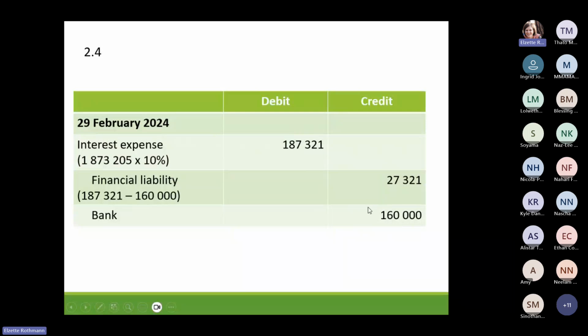So then the difference between the two will then be your financial liability. Okay, any questions on 2.4?